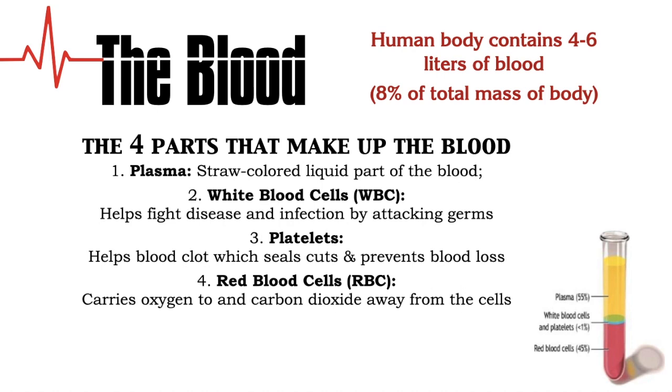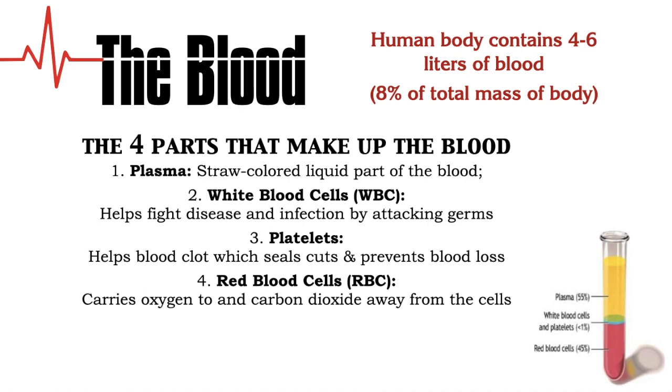Now, there's a tool called the centrifuge. When your blood is taken, a test tube of your blood will be placed in the centrifuge. The centrifuge will spin around very fast, rapidly, and it will separate the plasma from the white blood cells from the red blood cells in your blood.